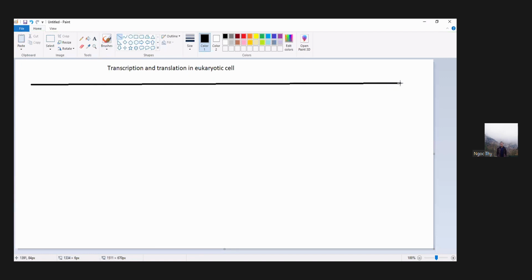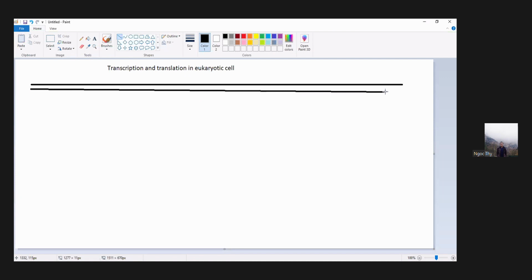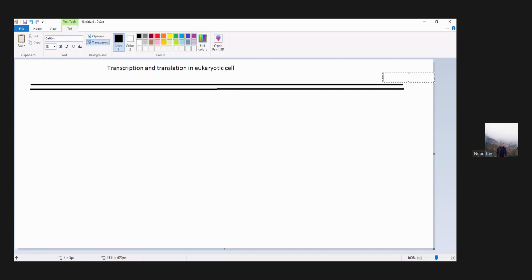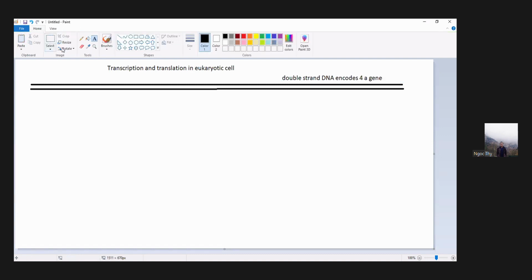Here we have a double-strand DNA that encodes for genes. Because it encodes a gene, it will have its promoter.